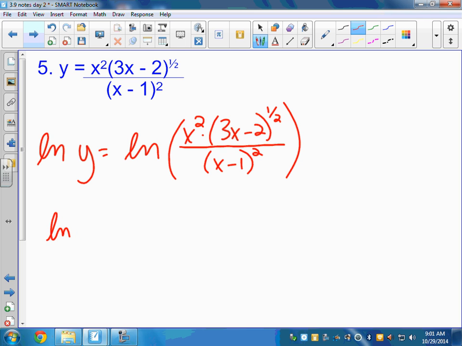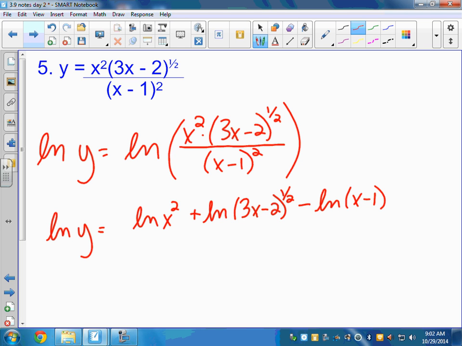So I'm going to rewrite this as ln of x squared plus ln of 3x minus 2 to the 1/2, because multiplication goes to addition, and minus ln of x minus 1 squared, because division goes to subtraction. So if we're dividing by both of them, we only have to subtract once. Because if you put it back together, you would say multiplied and then divided by.